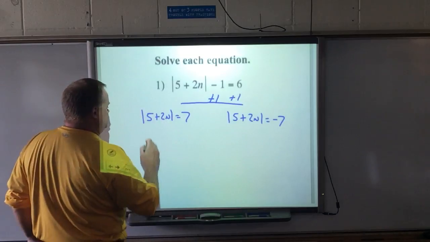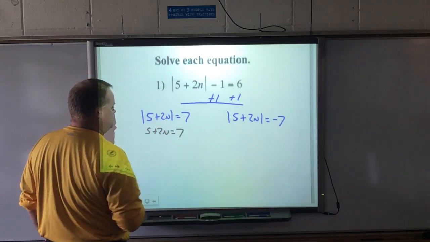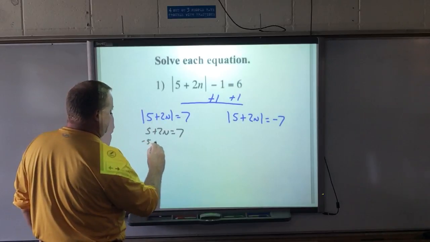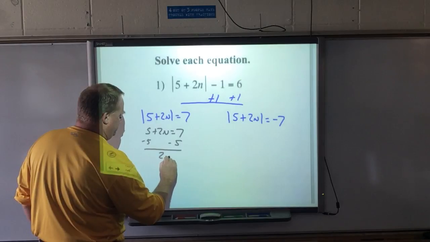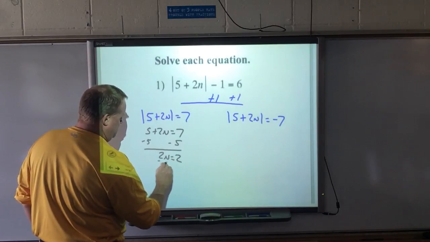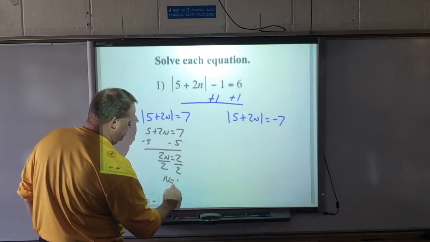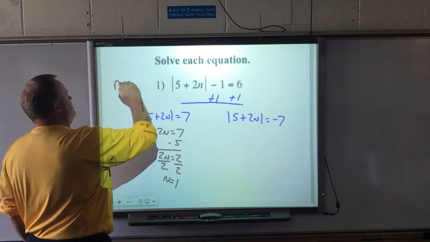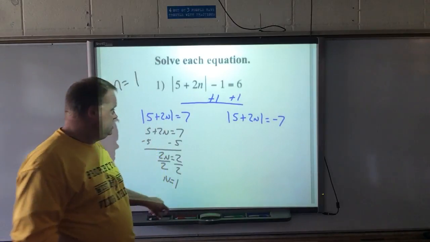The absolute value of 5 plus 2n just becomes 5 plus 2n when I'm solving for this, equals 7. Subtract 5 from both sides, gives me 2n equals 2. Divide by 2, n is equal to 1. So n could be equal to 1. That's one of the solutions.